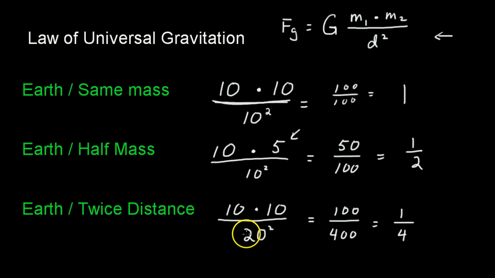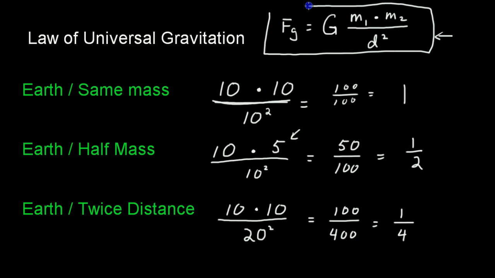All right, so this formula shows that, yeah, gravity is based on both mass and distance. And when we do the math, we find out that this distance part has a very large effect on the force of gravity between two objects.